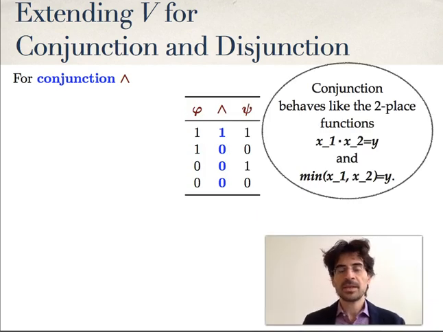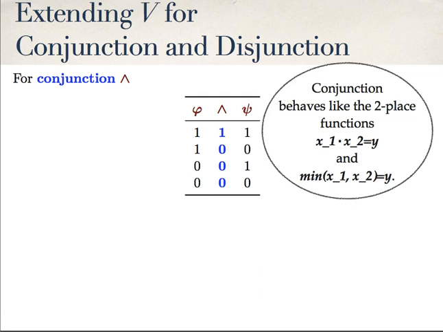Now, interestingly, the conjunction behaves like a multiplication, and in particular it behaves like the two-place function x1 times x2 equals y. And we can check this, because if I write 1 times 1, then what I get is again 1.